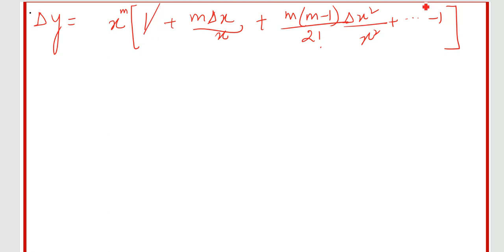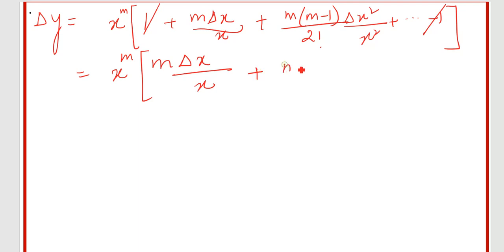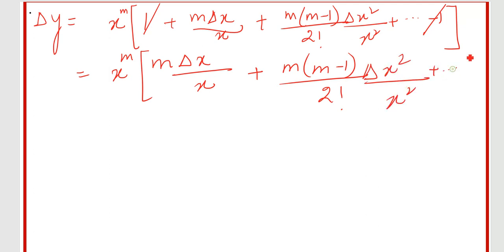This is positive 1, this is negative 1, these two cancel each other. Now we have left m into x raised to power m delta x over x plus m into m minus 1 divided by 2 factorial delta x square over x square and plus so on.